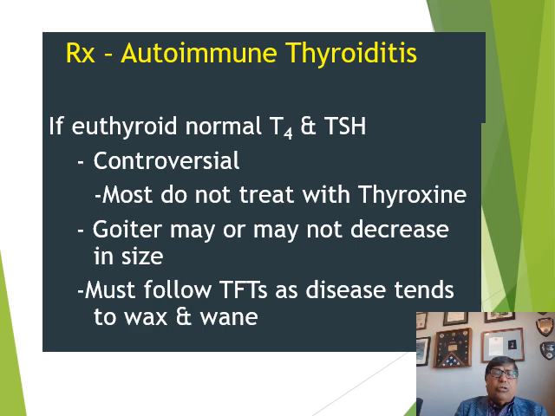And those who do believe that by replacing the thyroid hormone, they may keep the goiter at bay, or it might decrease. However, long-term studies show that if the TSH is not elevated, the goiter may or may not decrease even on thyroxine. But it may decrease over time without any treatment. So this is a little bit controversial area.